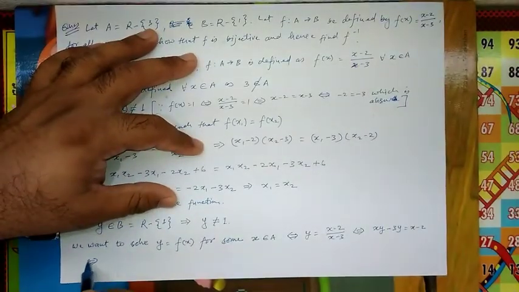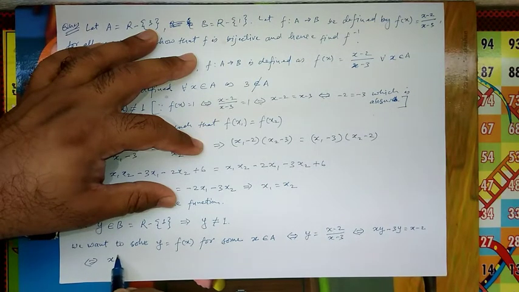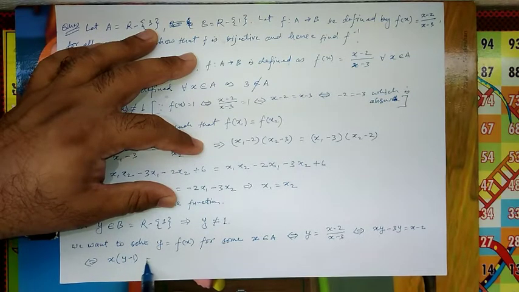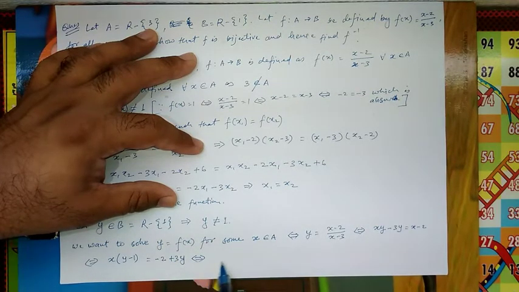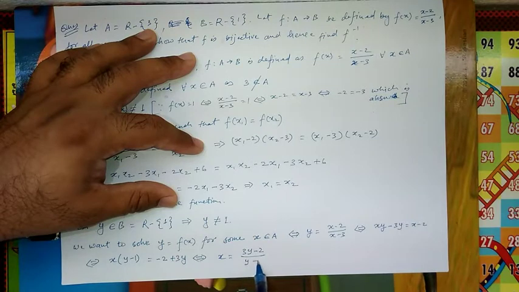Further, if we take x common, then definitely we'll have x times (y minus 1) equal to minus 2 plus 3y, or we'll get x equal to (3y minus 2) by (y minus 1), that belongs to A, as y is not equal to 1.